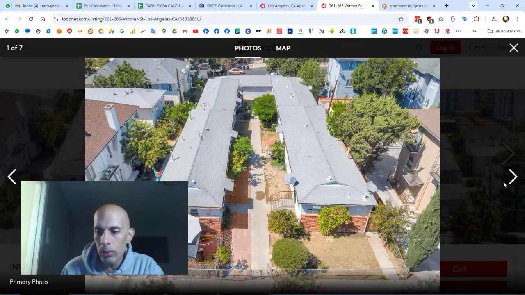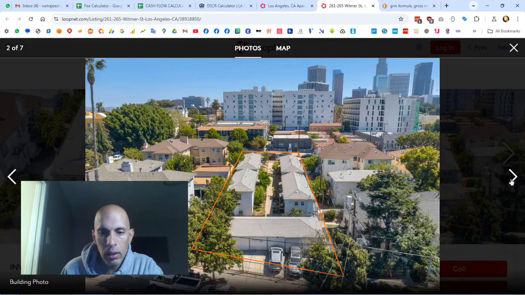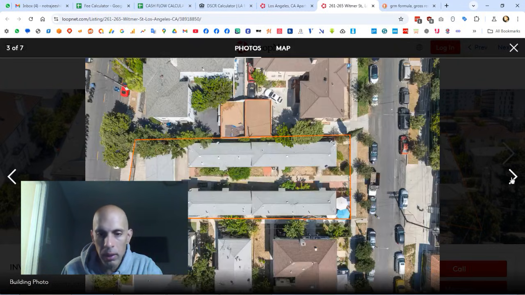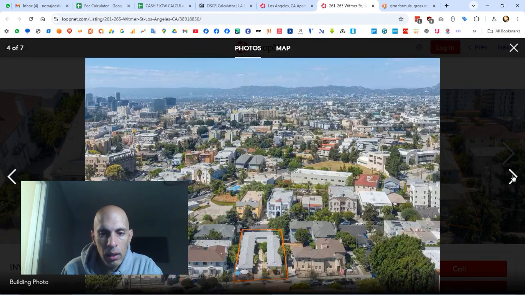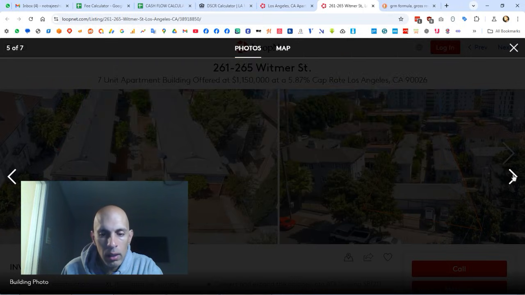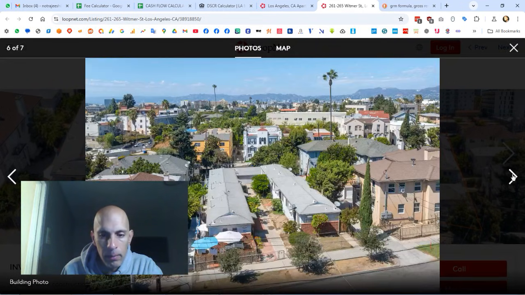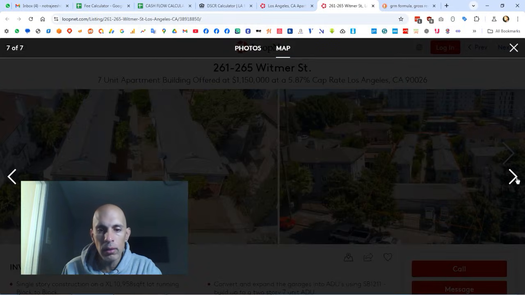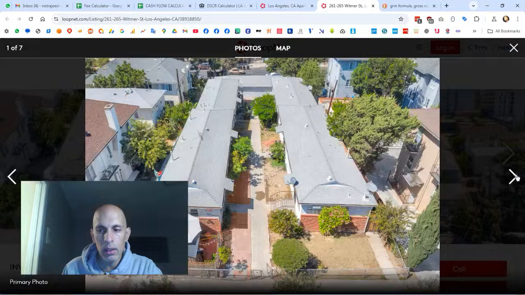This looks like a 2-story structure already, so you'd have to build it on top of the garages, I'm guessing. No, this is a 1-story structure, so they're saying rip the roofs off and then build 7 units on top of each of the existing 7 units. That's my guess.